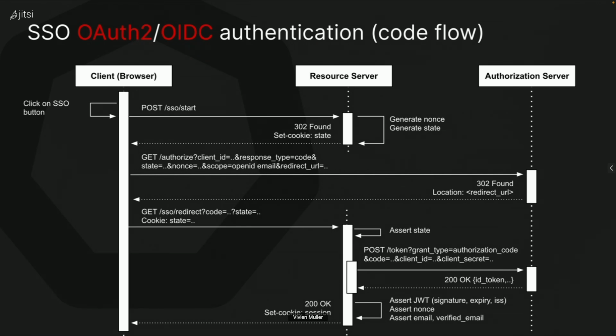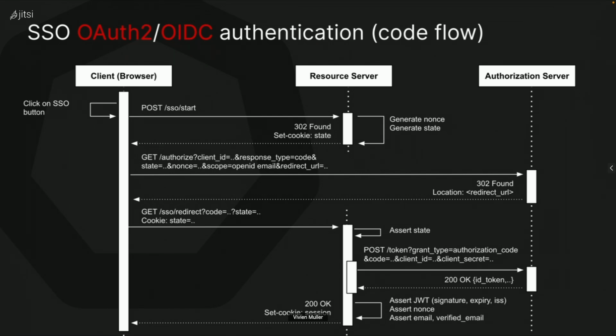Some services like Azure, for example, will allow you to read their emails or do all sorts of things, like read the emails in their mailbox and not just get their email address. So then, based on that, the client is going to the authorization server. It can be Google, or it can be any OAuth2 compliant server like Azure or GitHub or whatever.